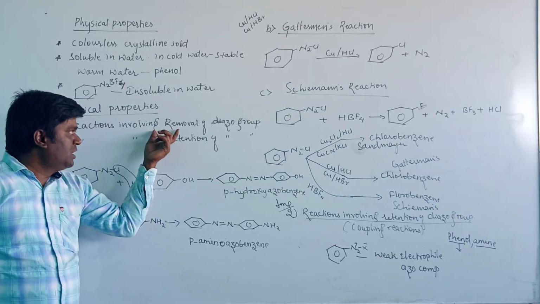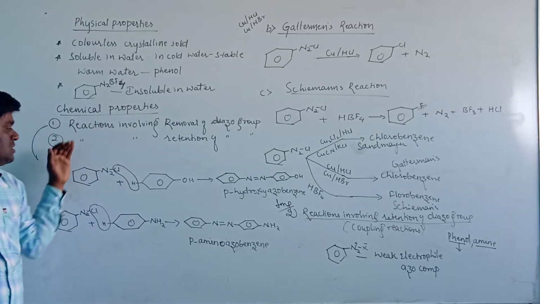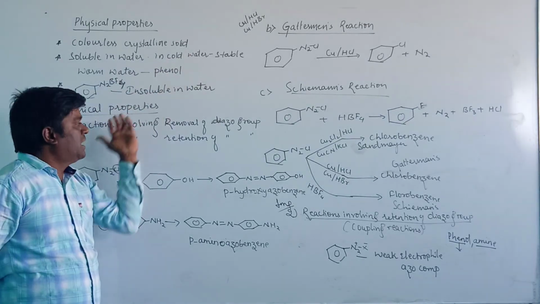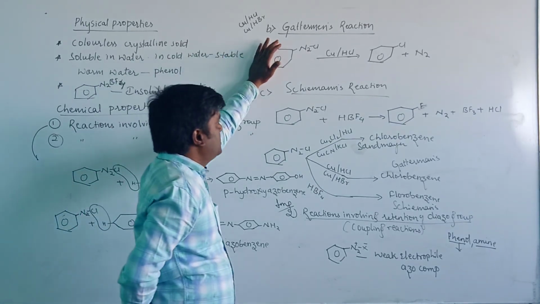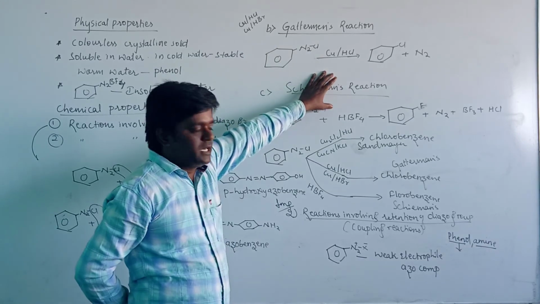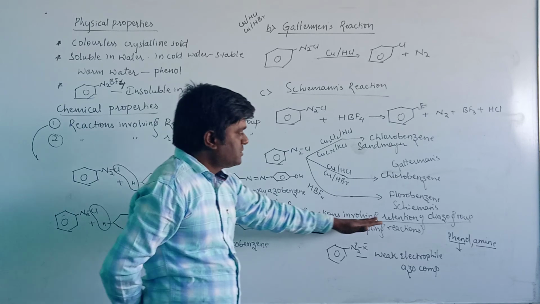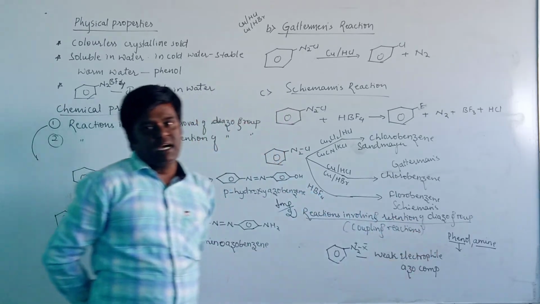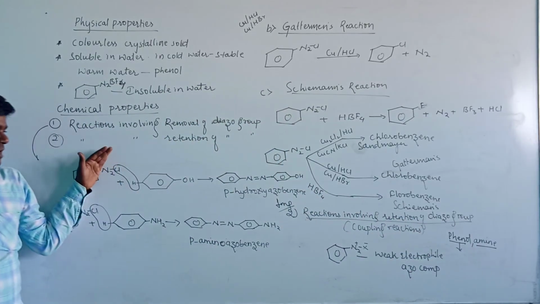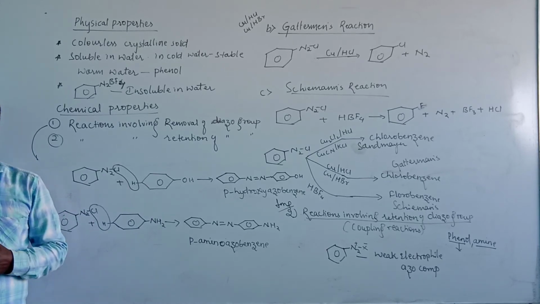In the removal of the diazo group, there are mainly three reactions: Sandmeyer reaction, Gattermann's reaction, and Schiemann reaction. The second is coupling reactions. This is about today's class. We will discuss in the next class. Thank you.